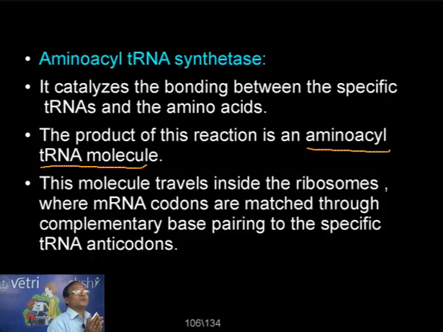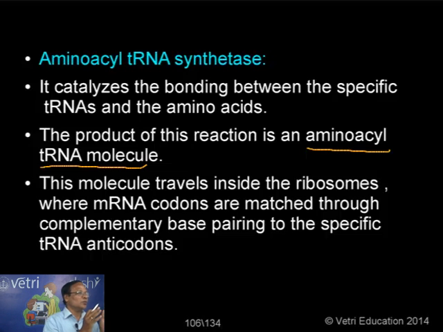Once the amino acid has been bonded to the tRNA with the help of the enzyme aminoacyl tRNA synthetase, it's called an aminoacyl tRNA molecule. This aminoacyl tRNA molecule travels into the ribosome, where the mRNA codons are matched through complementary base pairing with the specific tRNA anticodon.